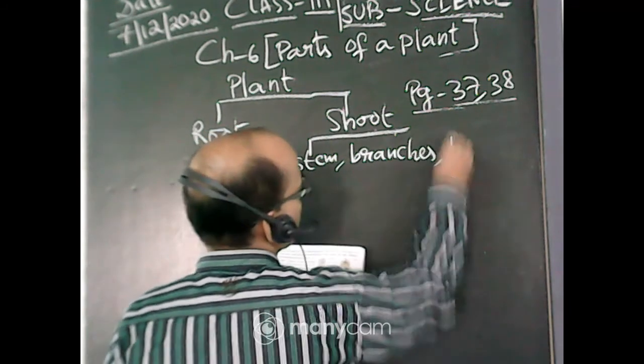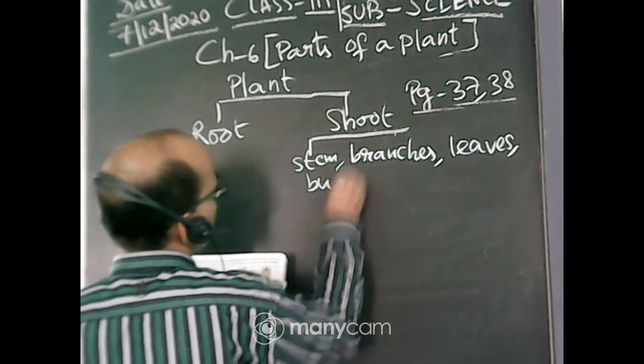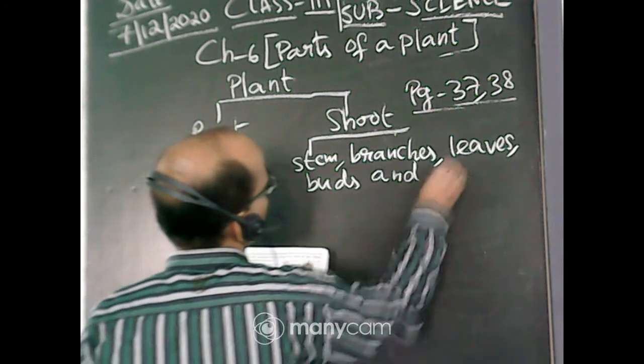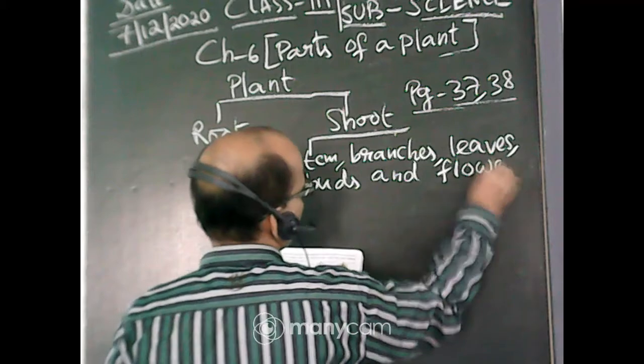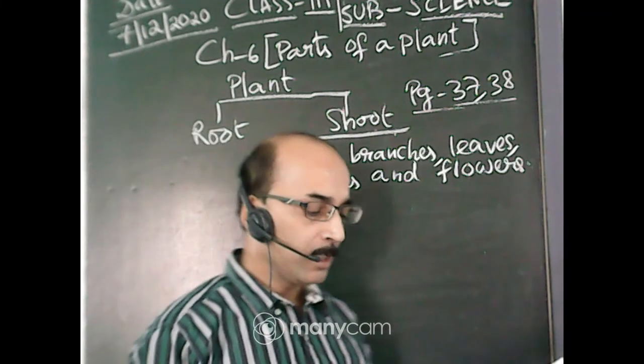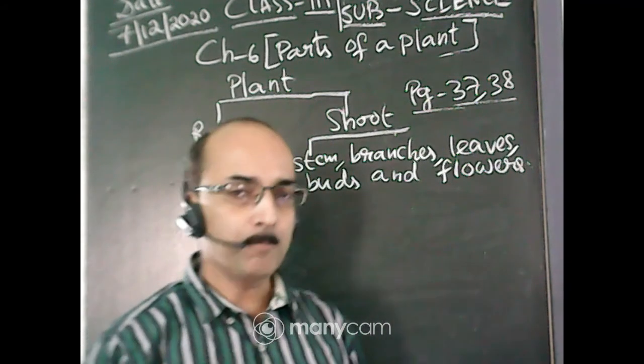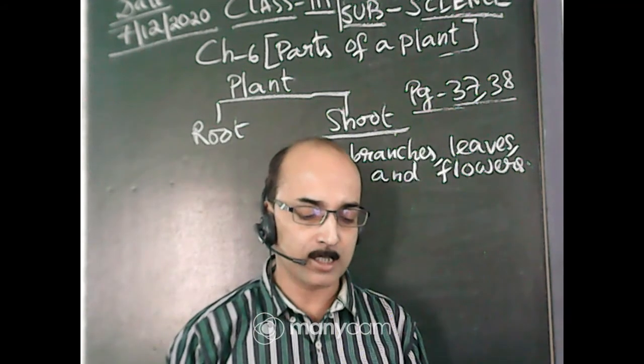These are the different parts of the shoot: stem, branches, leaves, buds and flowers.